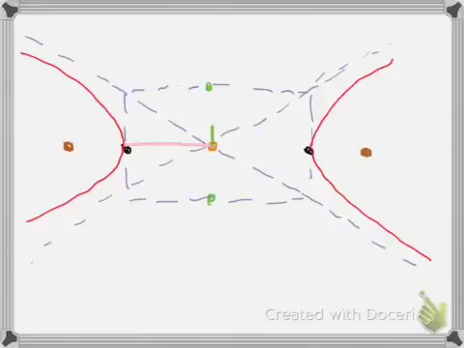The distance from here to here is the y radius. And the distance from here to here is c. Remember, the distance from the center to the focus point is c. The distance from the center horizontally is the x radius, and the distance from the center vertically is the y radius.